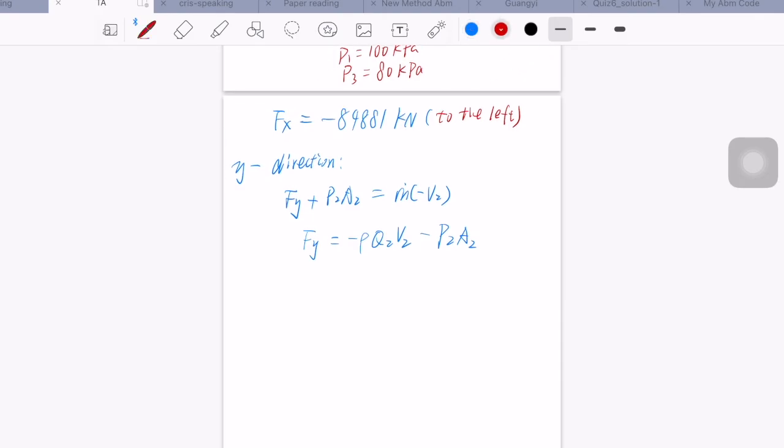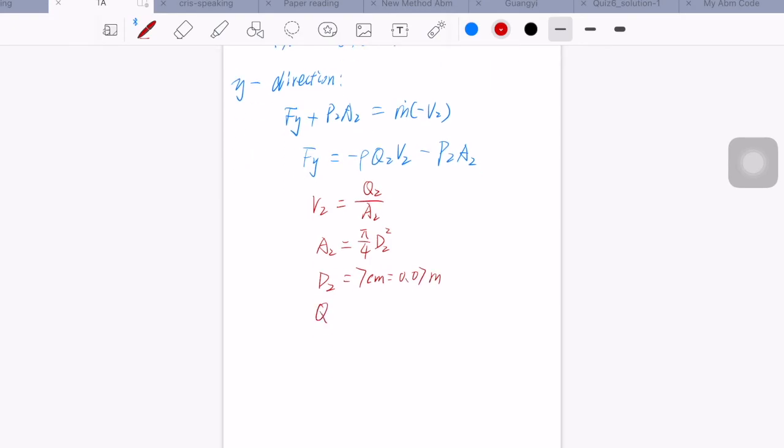And we know V2 should be equal to the Q2 divided by the A2, and A2 equals pi over 4 times D2 square, and we know that D2 is 7 centimeter equals 0.07 meters.